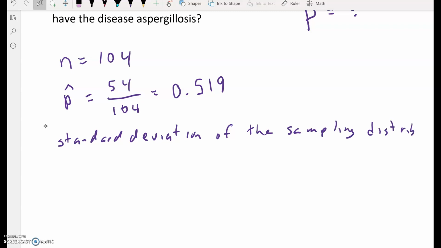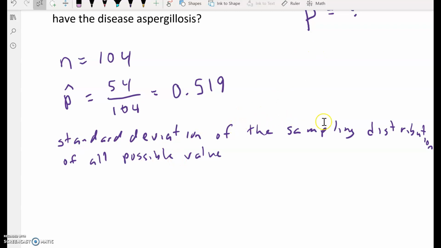We're going to introduce new vocabulary in a minute, but it is the standard deviation of the sampling distribution of all possible values of p hat, of which 0.519 is just one possible result. If we took another sample of 104, we would get something else, maybe 54% or 48%, but all samples will be somewhat close to the real percentage.